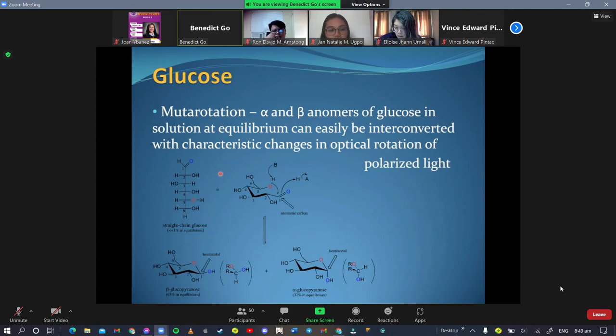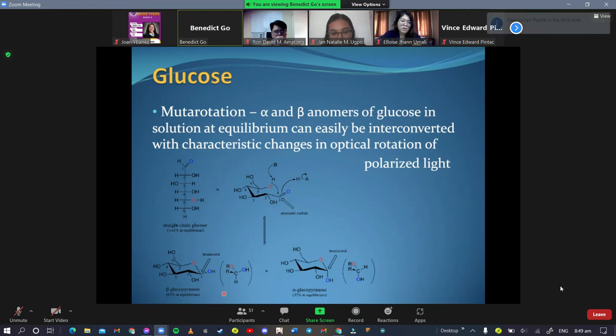Mutarotation, don't be too overwhelmed by this. These are just alpha and beta anomers in solution in equilibrium. And just take note that it can be interconverted from a straight chain to either being beta glucopyranose or alpha glucopyranose. So just note that in equilibrium, in solution, glucose exists as an open form in very, very small amounts, less than 1%.